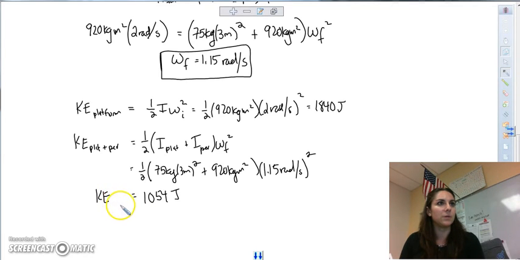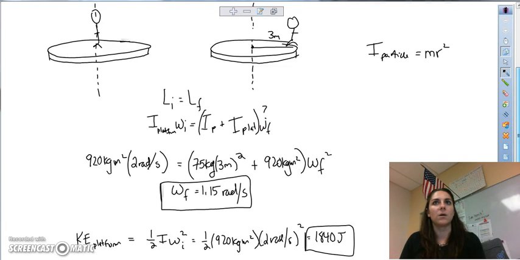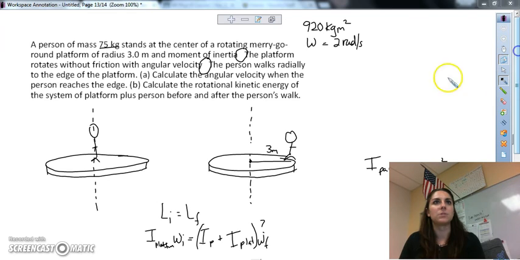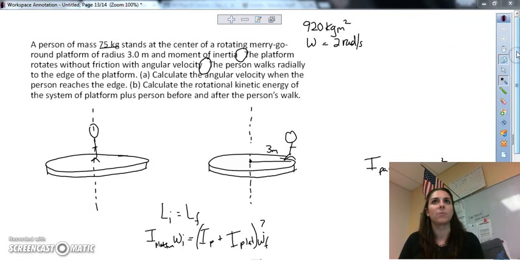So notice that this is platform plus person, after and before. You can see that we lost energy. That's because we slowed down due to the fact that we put more mass on the outside, and it's harder to move this around. So that makes sense that we have lower energy right there. Okay, so that is the final problem. We did a little bit of everything with rotation.